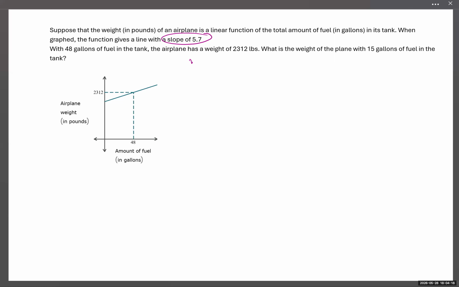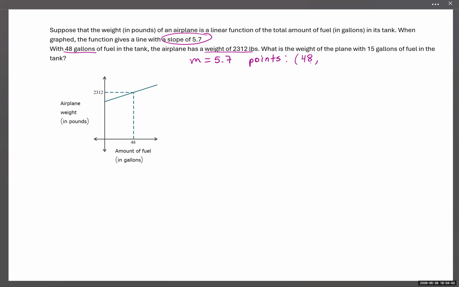So we have a slope of 5.7, and we also need points. For the first point, with 48 gallons of fuel, the airplane has a weight of 2,312 pounds. The amount of fuel is your horizontal axis, so it's going to go in as an x coordinate, 48.